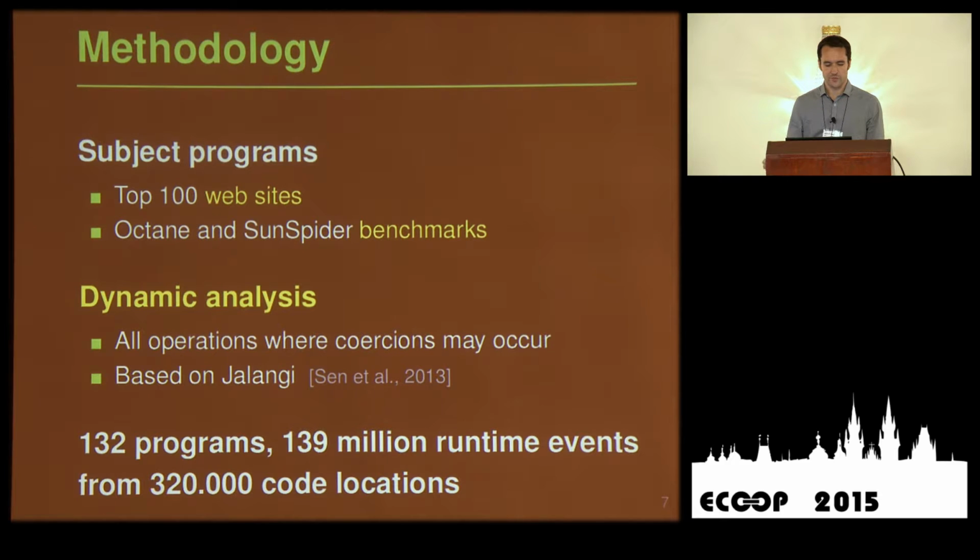For example, for a binary equals operation, we check which types and which values we see each time this operation is executed, record this, and then based on all these data, we perform the actual analysis. The dynamic analysis is based on Jalangi, a framework for dynamic analysis in JavaScript that works through source-to-source transformation. In total, we looked into 132 programs, about 140 million runtime events, and these events come from 320,000 code locations. So it's a pretty large-scale study.